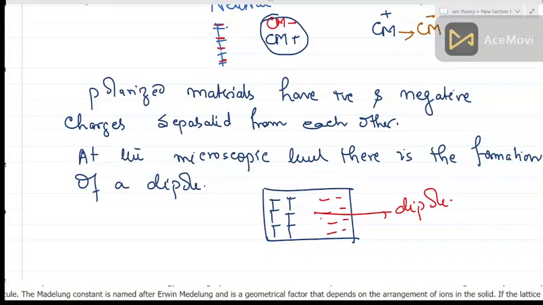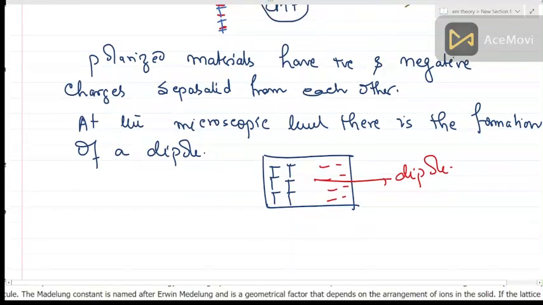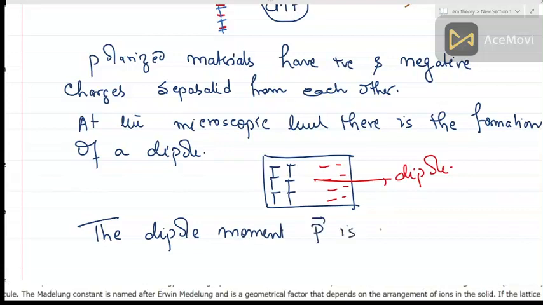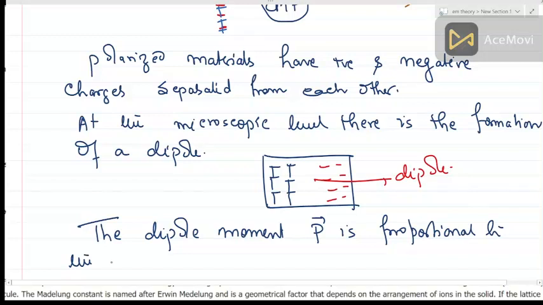Now every dipole has a tiny dipole moment which points in the same direction as the electric field. This dipole moment of the system, or in the polarized material, is proportional to the applied electric field E, the magnitude of the field applied.